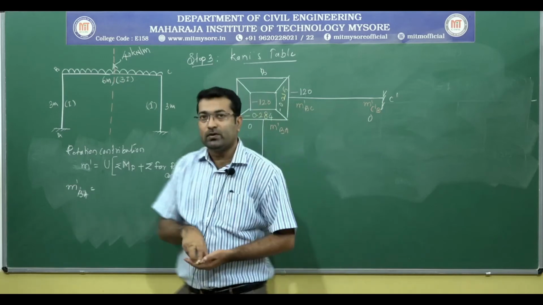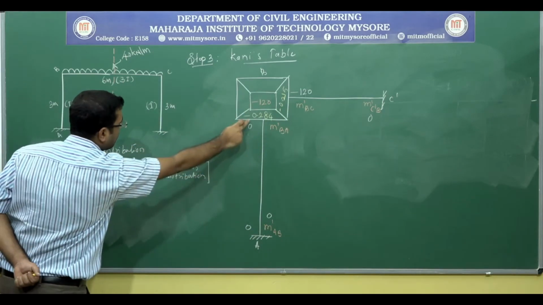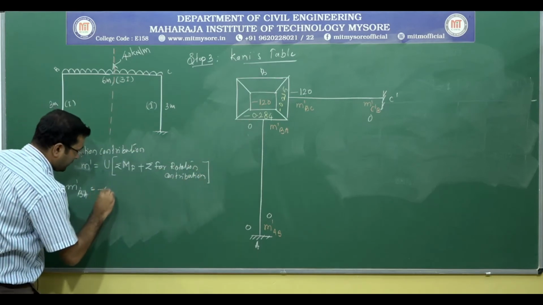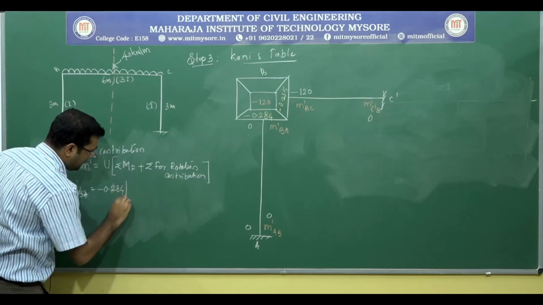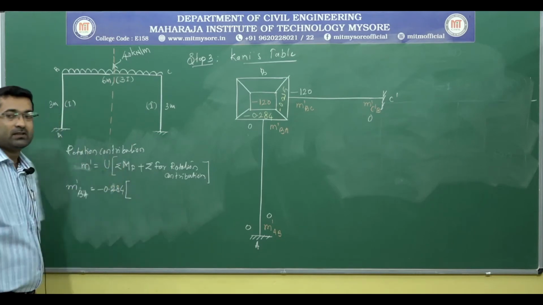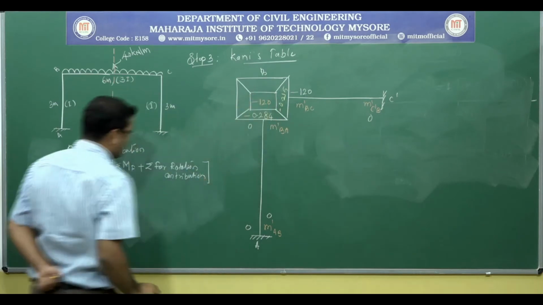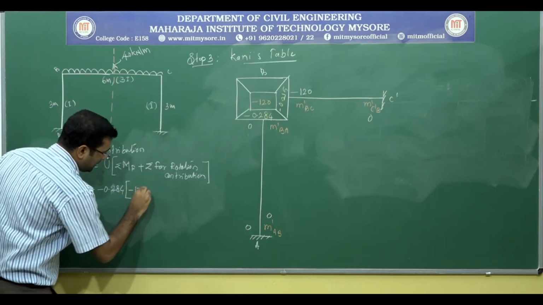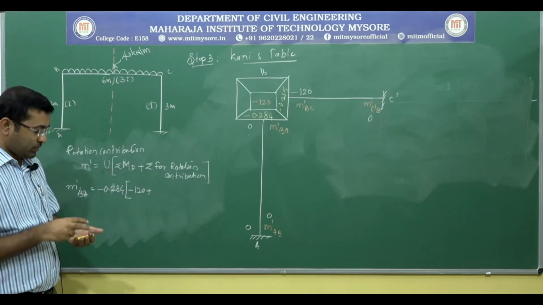Okay. So the rotation factor for BA member is minus 0.284 into the algebraic sum of fixed end moments, which is minus 120, plus the far end rotation contributions.